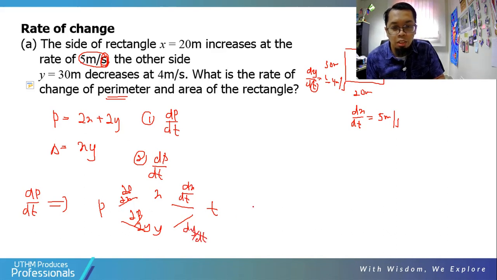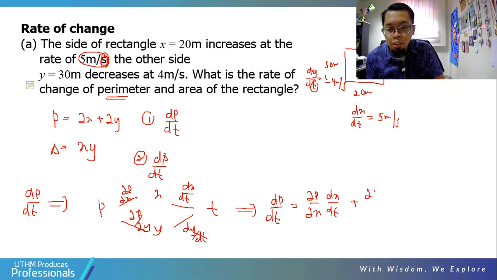So you get the formula: dP dt equals partial P partial x multiply dx dt, plus partial P partial y dy dt. If you don't memorize it, fine; if you memorize it, just write directly, no problem.